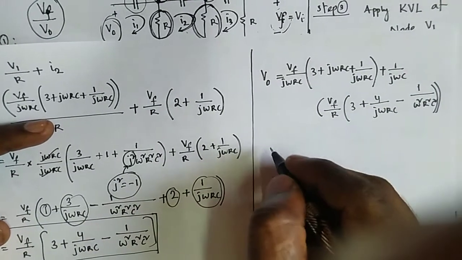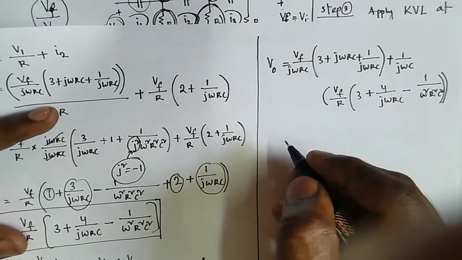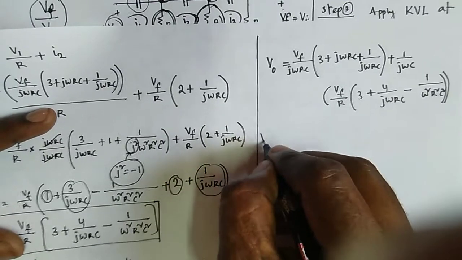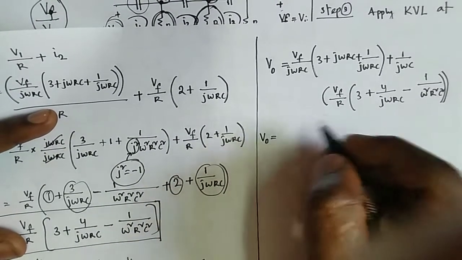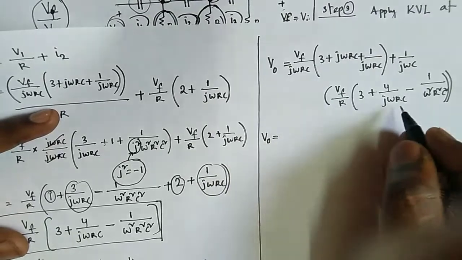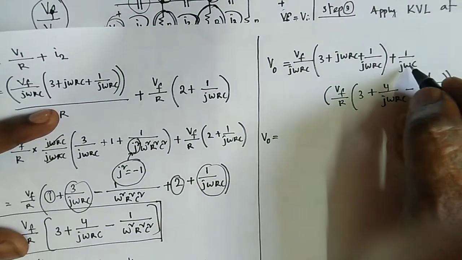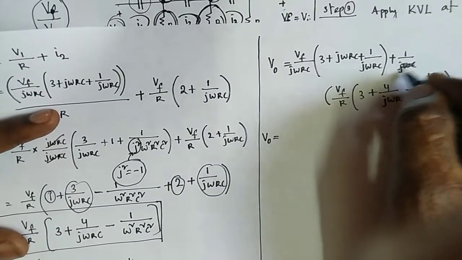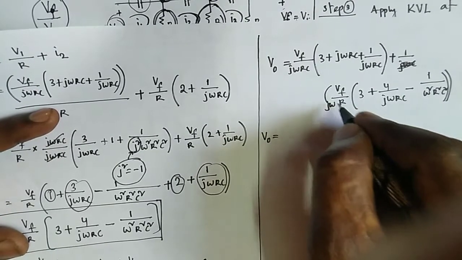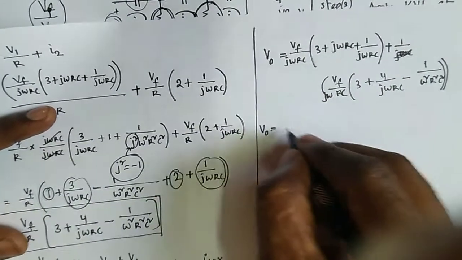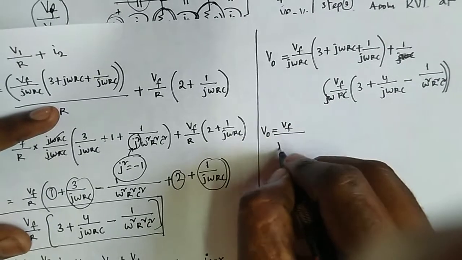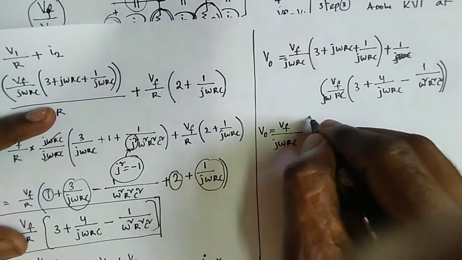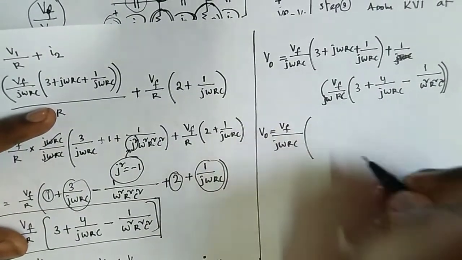This is the function for the V0 value. To represent the overall function, V0 is equal to Vf by j omega Rc, which is common. The remaining function is here.